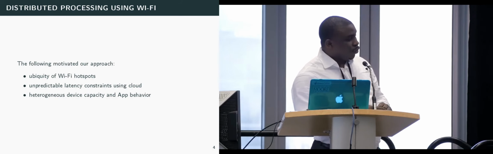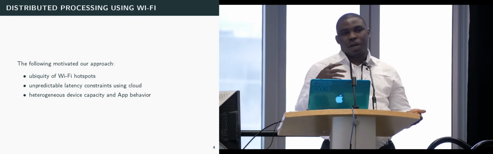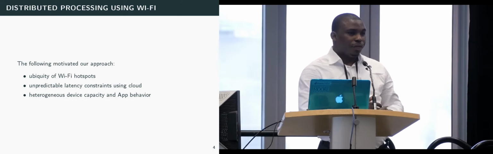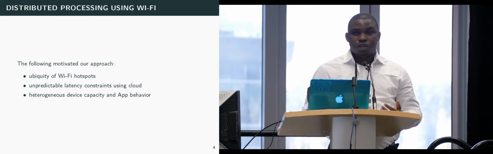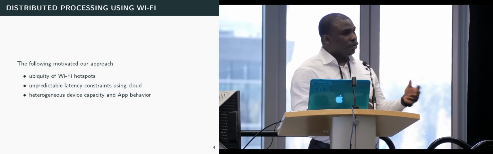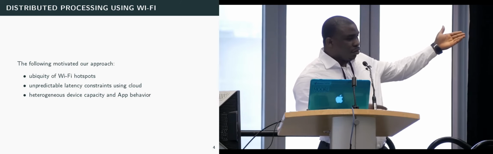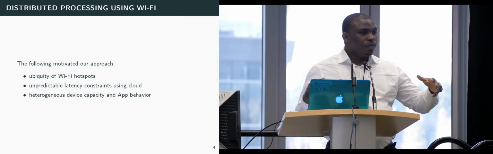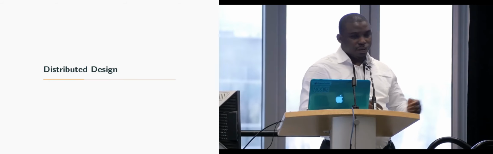We can take advantage of these, since we don't have applications of homogeneous behavior or devices of homogeneous capacity. We can create a subscription-based service where they can use Wi-Fi hotspots to do anomaly processing without resorting to the cloud.